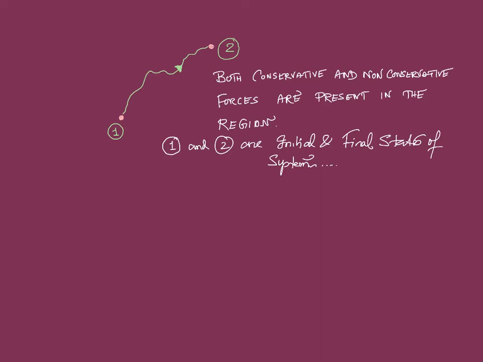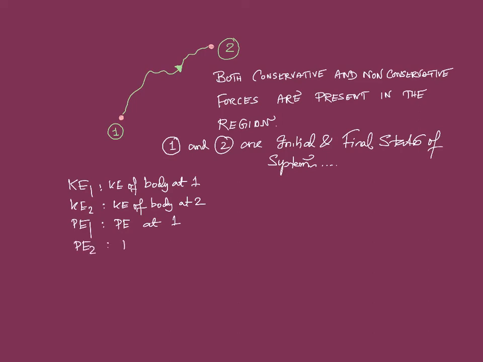Then KE1 is the kinetic energy of the body, or the system, at 1, and KE2 is the kinetic energy at 2. PE1 is the potential energy at 1, and PE2 is the potential energy at state 2.